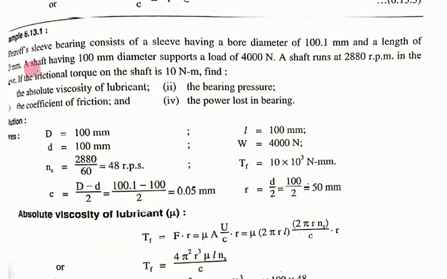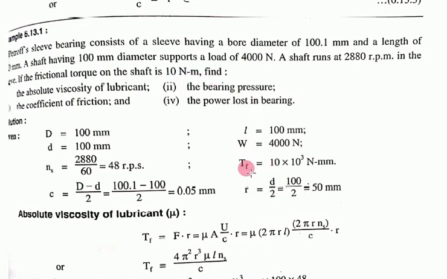A shaft having 100 mm diameter supports a load of 4000 Newton, and the shaft runs at 2880 rpm. Here rpm is given, so we have to convert it into seconds, divide by 60, giving 48 rps. In the sleeve, the frictional torque on the shaft is 10 Newton meter. Find the following.